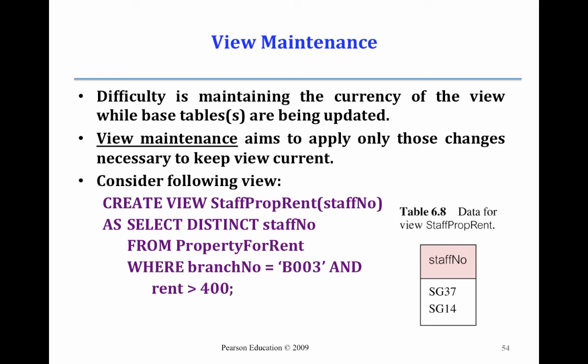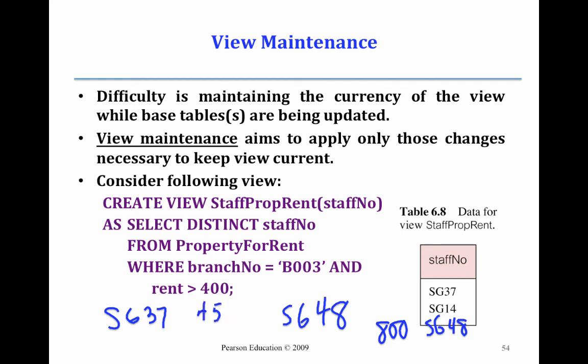So if I insert one for SG48 and the value is, say, 800, then I need to update this view, right? I need to add SG48 to it. Now, let's say I delete one associated with SG37 that had a rent of $450.